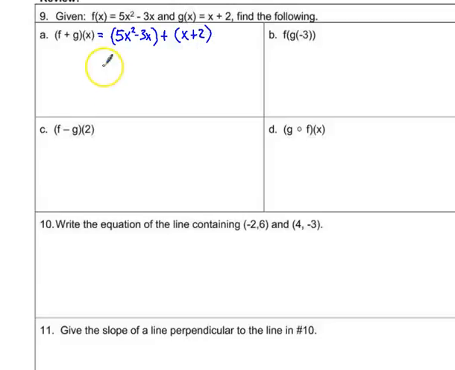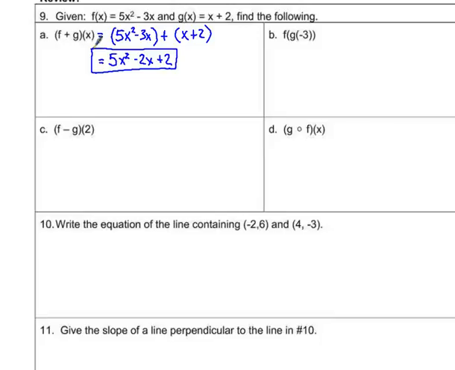We're now going to combine like terms, so we have 5x squared, we have minus 3x plus x gives us a negative 2x, and we're left with positive 2. So the answer to 9a is 5x squared minus 2x plus 2.